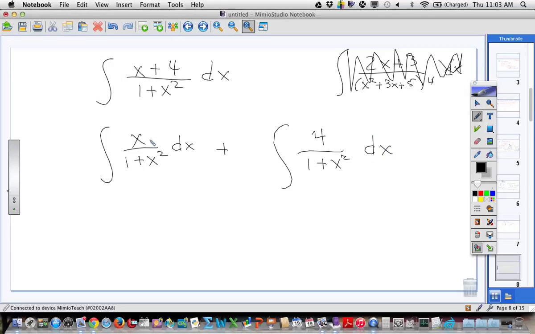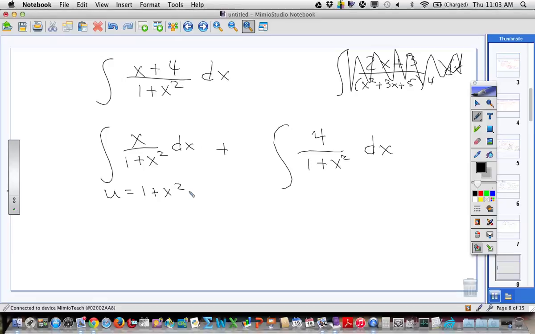Now this one would be a nice u substitution. Because if I let u be the bottom, if u is 1 plus x squared, what do you say the du was? 2x dx. Well, there's your x dx right there. That's going to be nice. What about this guy? Pull that 4 out in front and pretend there's a 1 right there.